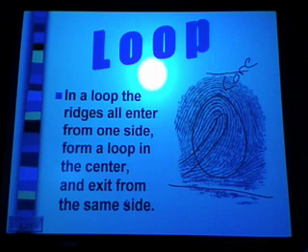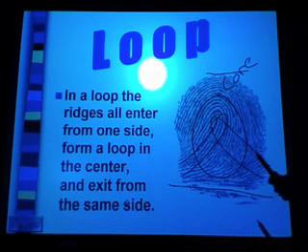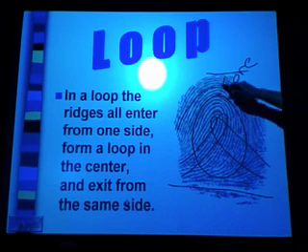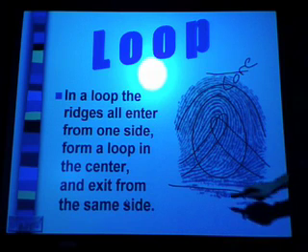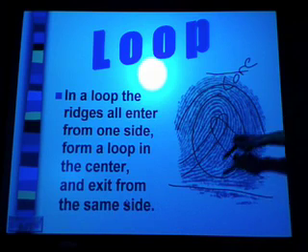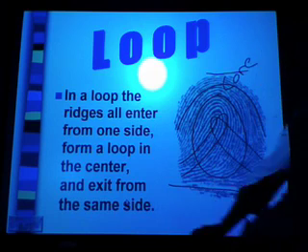That's what makes this a loop. On your print, these lines may come out the other side. Either one would be referred to as a loop. Remember, we're not interested in the pattern of lines above or below the center point. For classification, we're only interested in the core of the print.